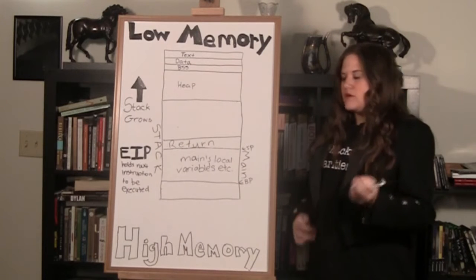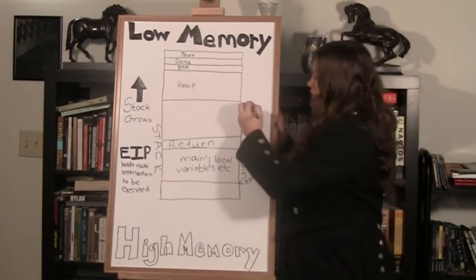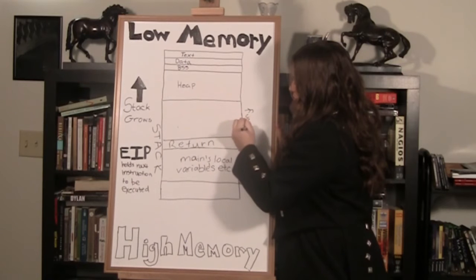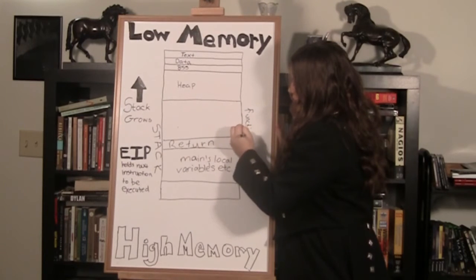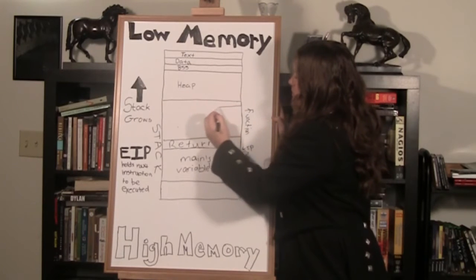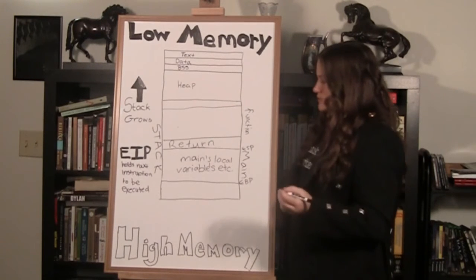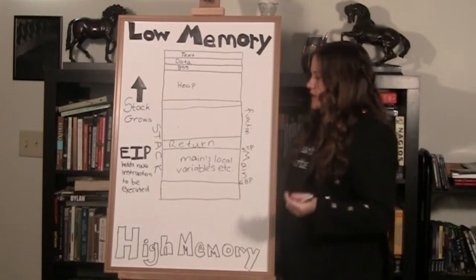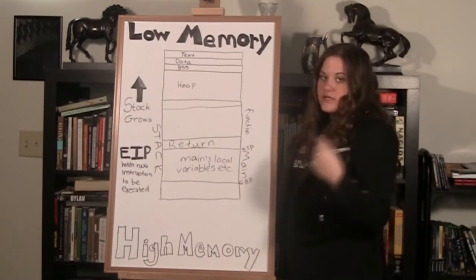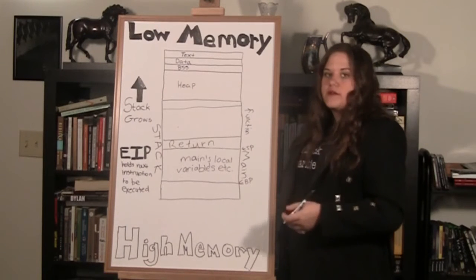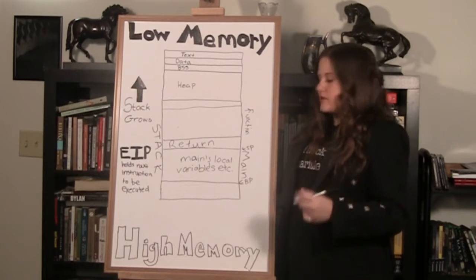And then when main calls the next function, let's call it function, a frame for that function is put on the stack, right here. All of the local data for function will be housed in that frame. EBP and ESP are no longer interested in main for right now. They're interested in function, because that's what we're currently executing.